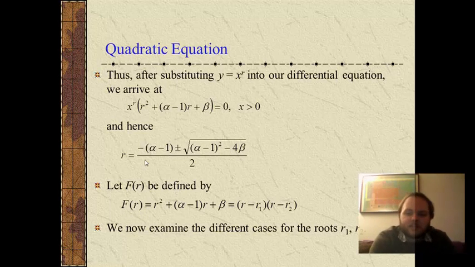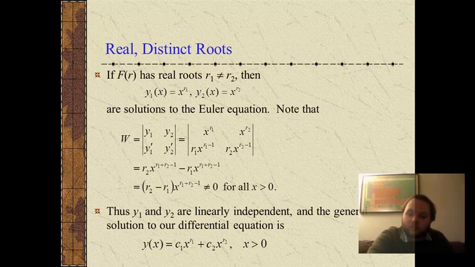But since we know that there are two r values, since it's a quadratic, we can break them up using the fundamental theorem of algebra into two linear terms. Note that r1 and r2 can be complex numbers, as we learned back when we were doing constant coefficients. But regardless, I can break them up into the factors r minus r1 and r minus r2 for two different roots.